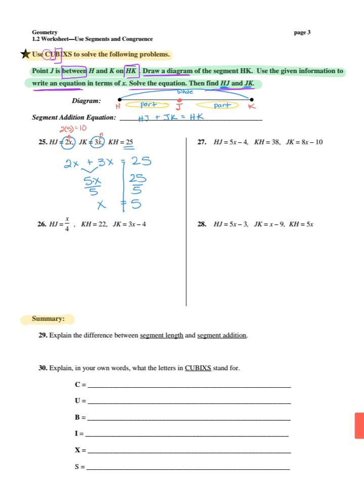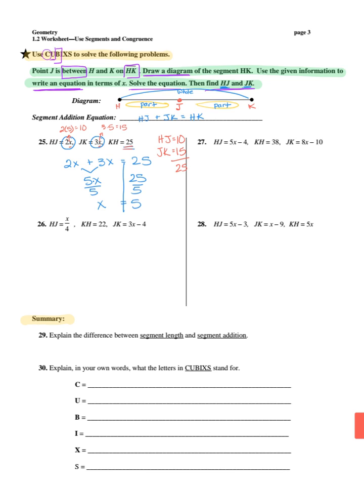And right here, I'm going to go 3 times 5 gives me 15. Remember, 5 is my x value. So I know that HJ is equal to 10 and JK is equal to 15. Notice when I add those together, 25 gives me the whole segment.